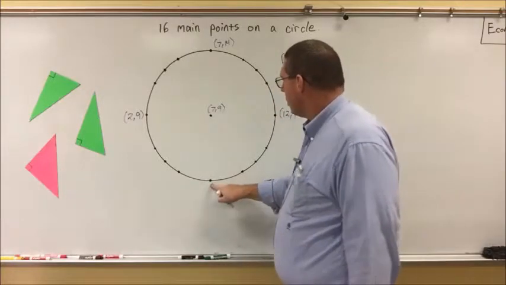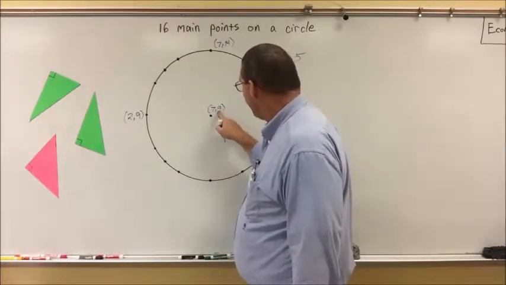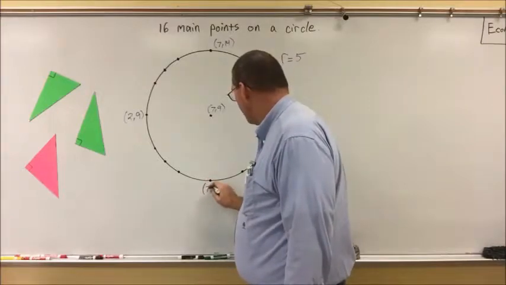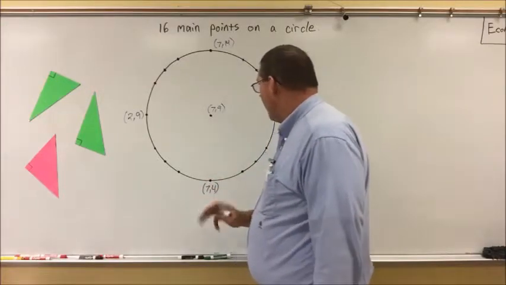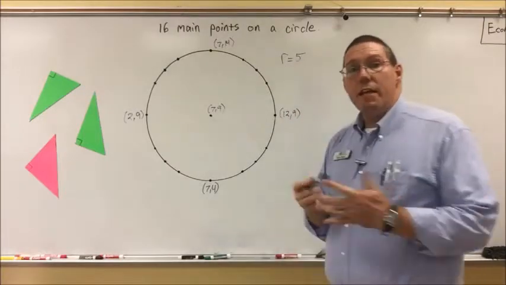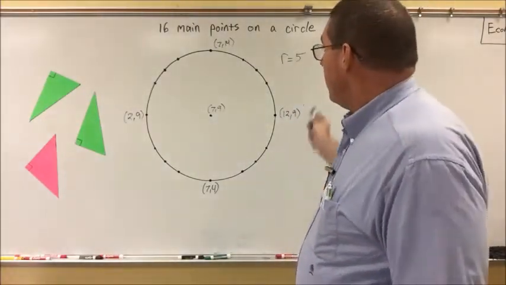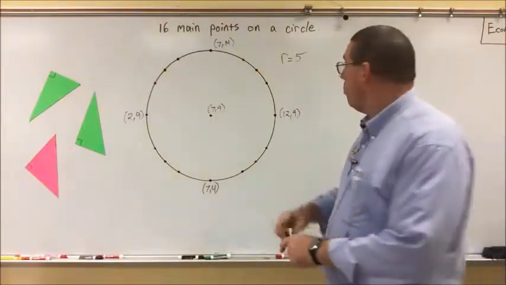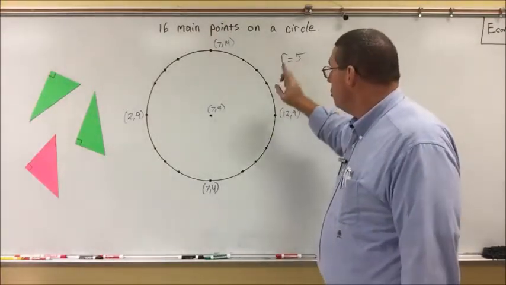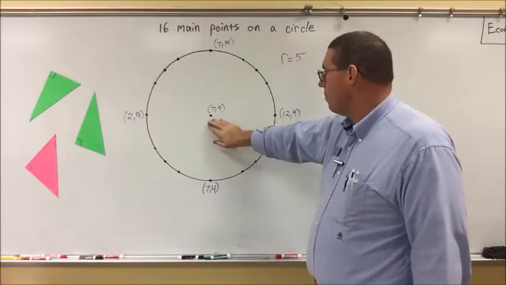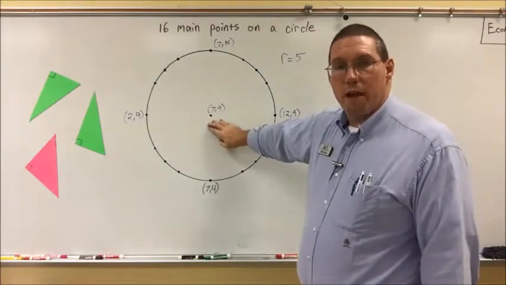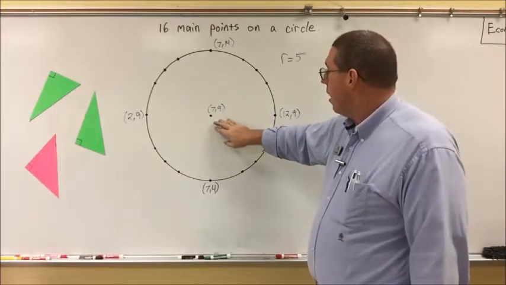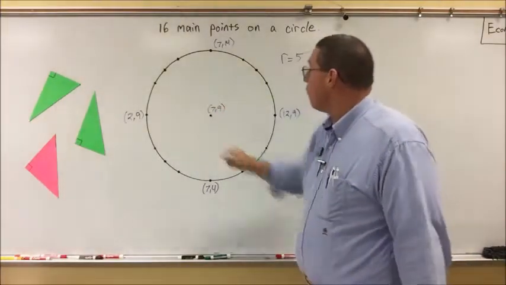And then down here, we would subtract 5 from the 9, and we would get the point 7 and 4. And so given a particular circle on the coordinate plane, and being told what the radius is and what the coordinates of the center are, you can very easily identify 4 of the main points on a circle.